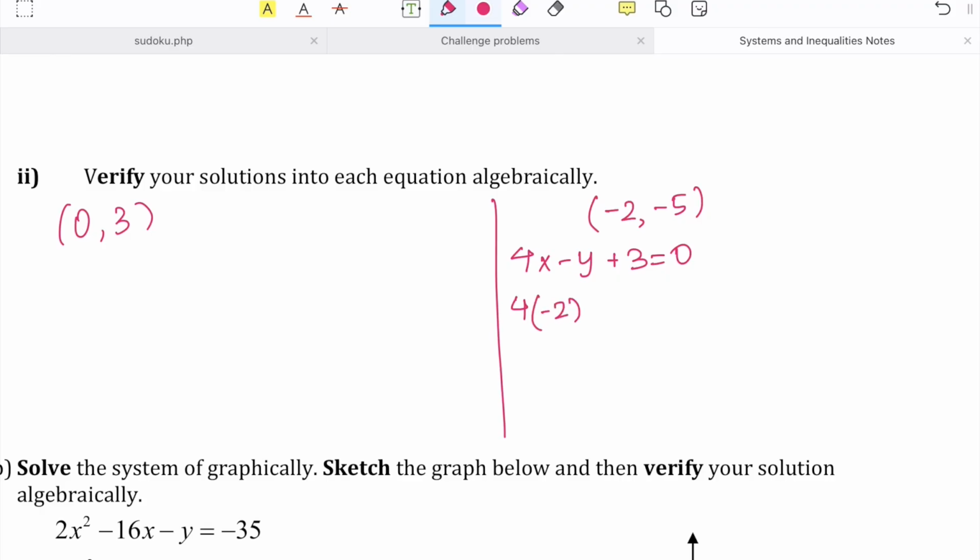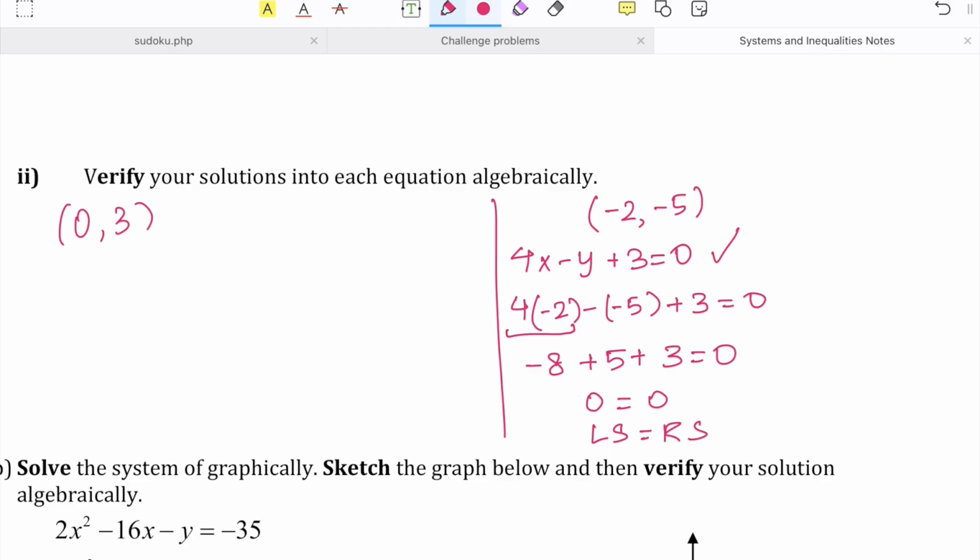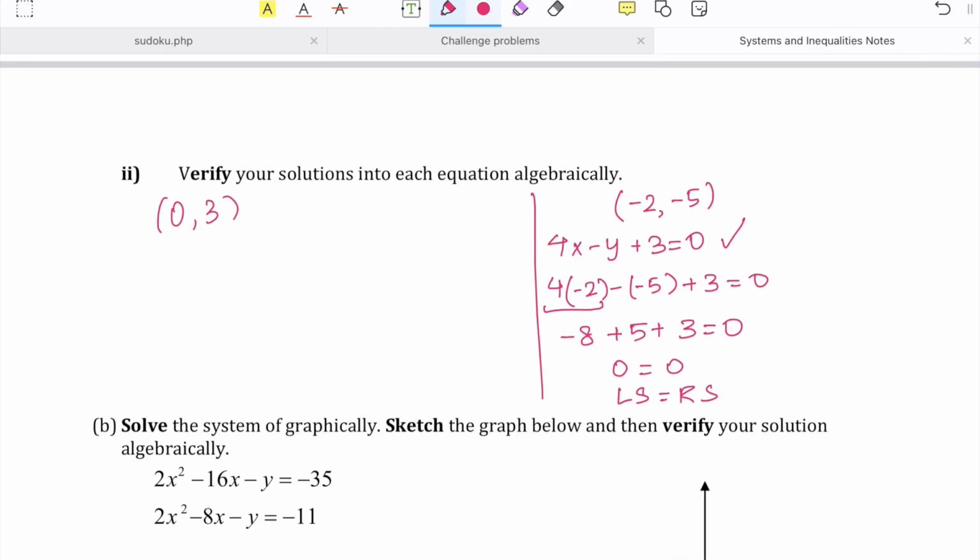X is -2, y is -5. 4 times -2 is -8. Negative times negative is positive 5, plus 3. So -8 plus 5 plus 3 is 0, equal to 0. Left side is equal to right side. So the first equation does say that -2, -5 is part of the solution.